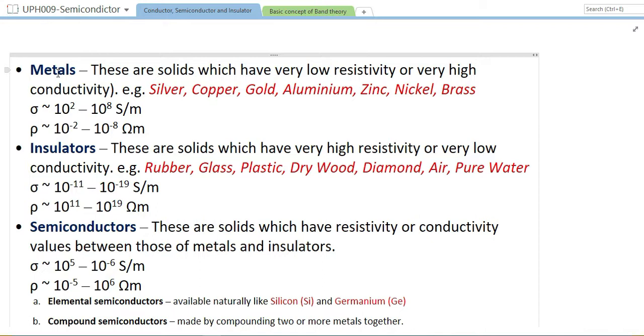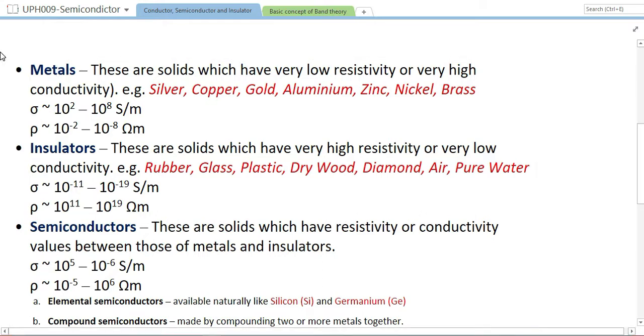And there is something in between. There are some materials which are not having very much resistivity or conductivity, and those values lie in between the metals and insulators. So in terms of their ranges, you see the conductivity for metals is very high. It ranges from 100 to 100 million Siemens per meter, and insulator is just on the opposite side, very close to 0.